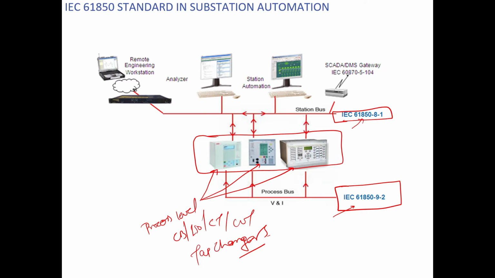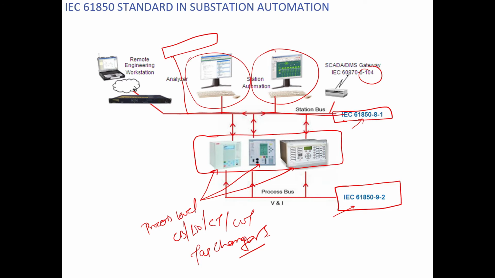Then these IEDs communicate over a station LAN to your gateway or the local HMI or engineering PC, and then from this station bus, you can communicate with the remote control centers using your substation gateway on the protocol that is 104 or 101.